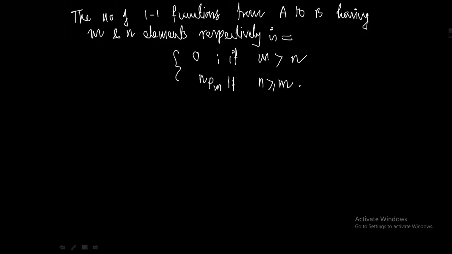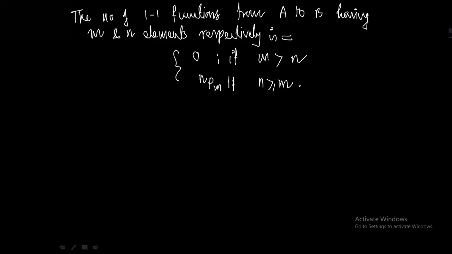The concept of 1-1 function will be valid if the number of elements in the domain is less than or equal to the number of elements in the codomain. Then only we can say something about 1-1 functions.